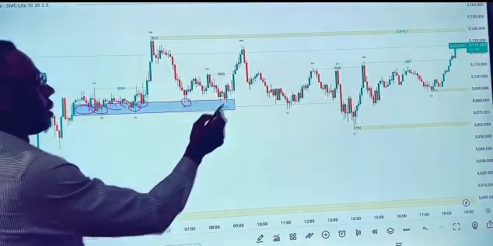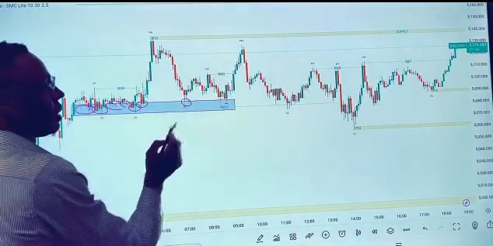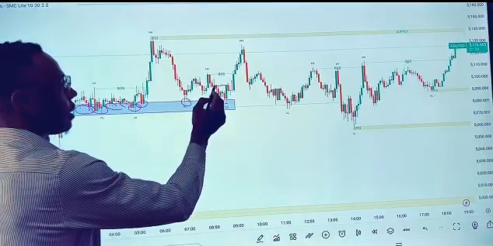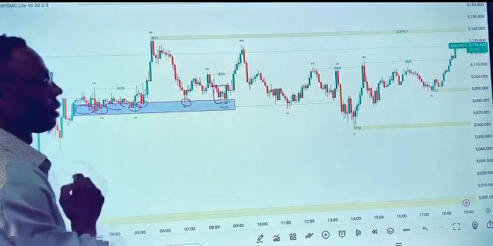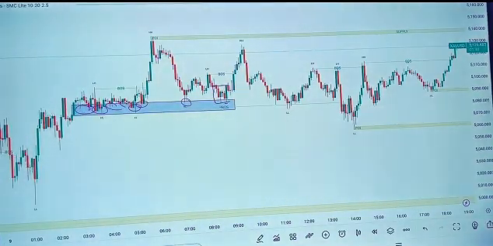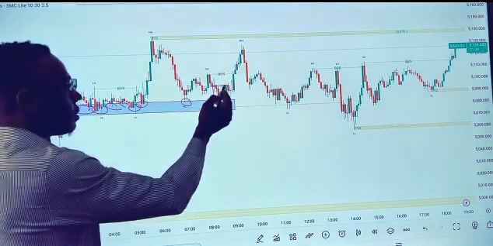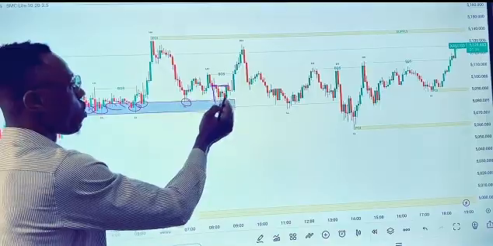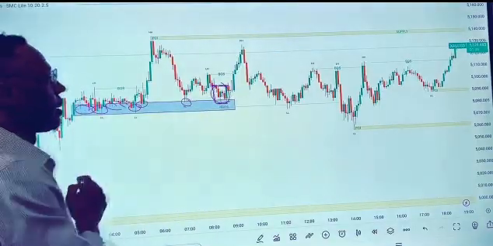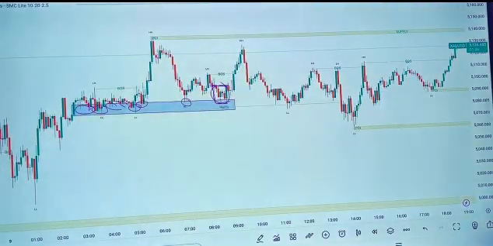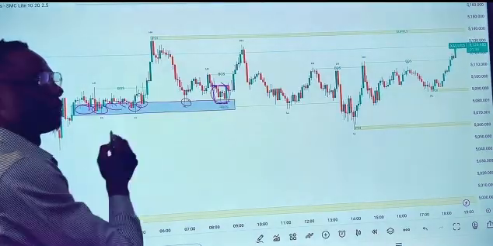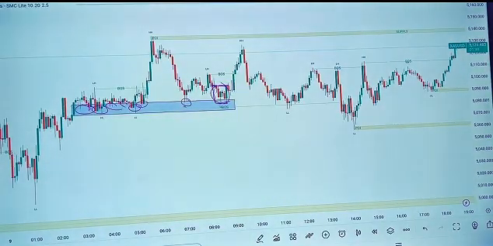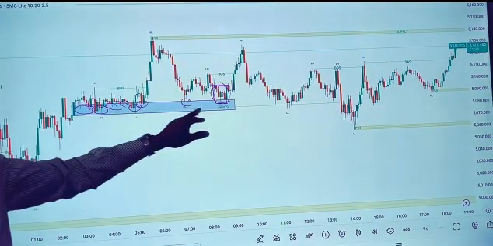This bullish candle is engulfing this whole candle right here. It tells you how strong the buyers are at this point. So this should be your first confirmation.